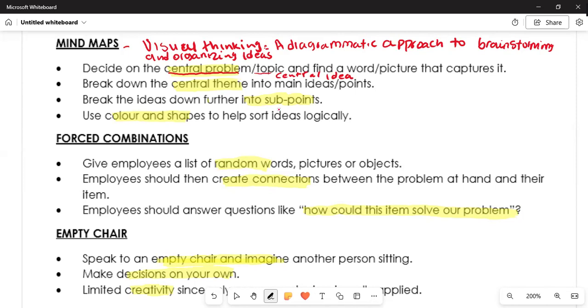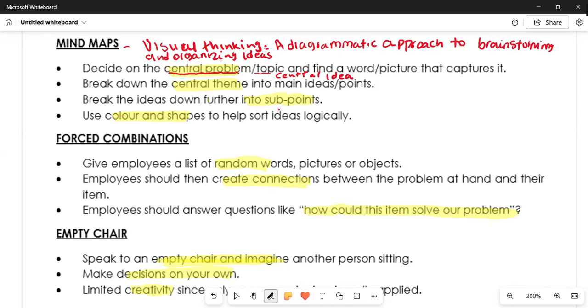So for the central problem, let's say the delay in delivery is our problem, that should be in the center, and should be bold. As we were told, find a word or picture that captures it, so that it can be seen clearly and can even capture the interest of the group.